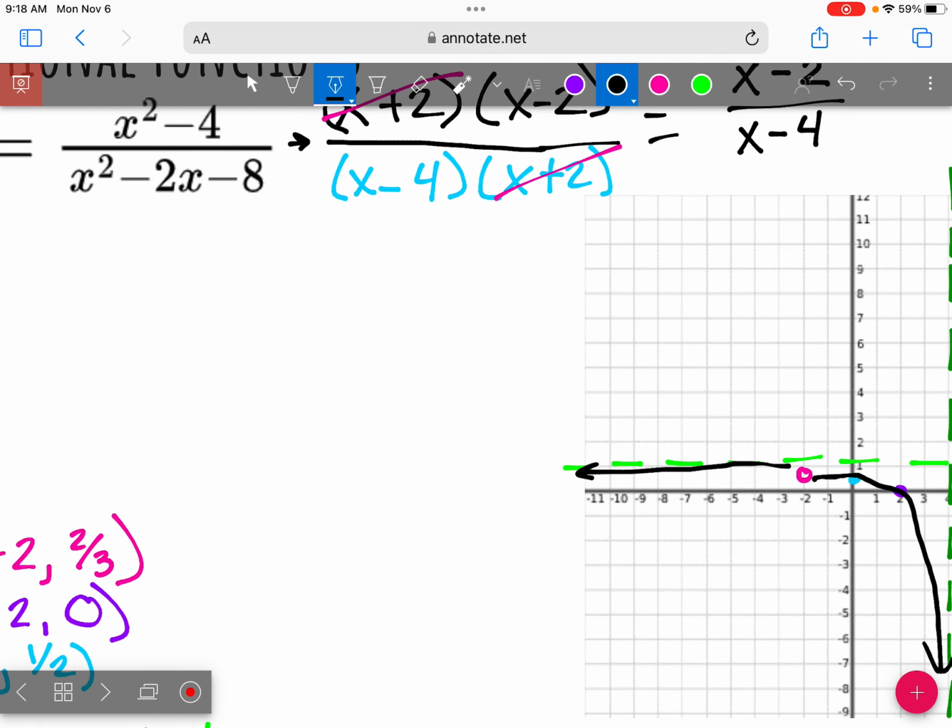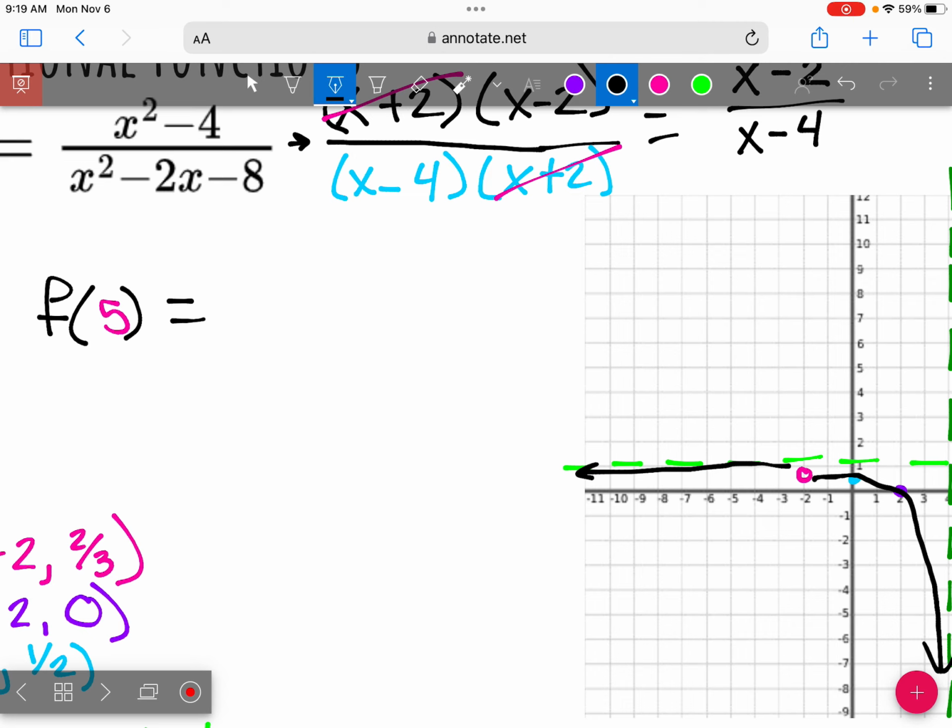So we're going to evaluate f of 5, so that we can find a point on this right-hand side because we don't have enough information over there. We really only need one point. And you can either use the full equation or our simplified equation. It doesn't matter because the hole's not going to have any impact on f of 5.